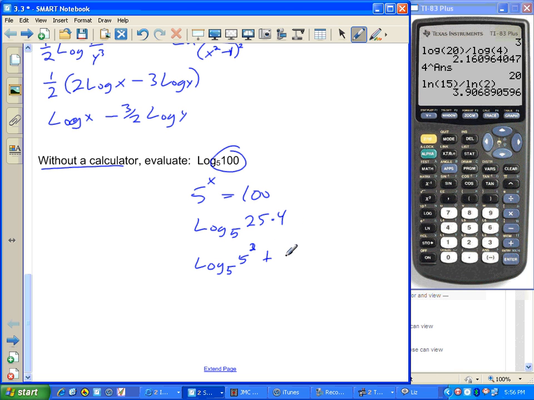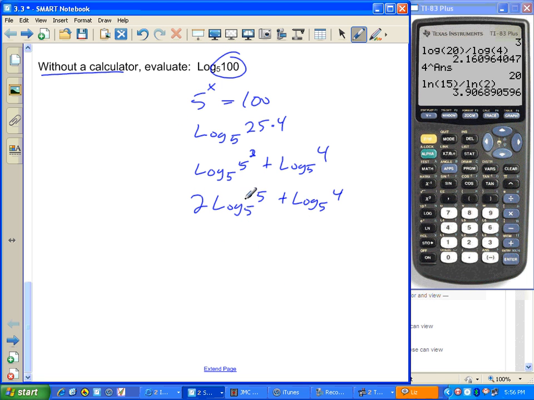Since I'm multiplying, I change that to a plus. Log base 5 of 4. Drop the power down on this one, so I'm going to have 2 log base 5 of 5 plus log base 5 of 4. So log base 5 of 5 is 1, because 5 to the 1 is 5. So this is just 2 plus the log base 5 of 4. And that's all as far as I go without a calculator.